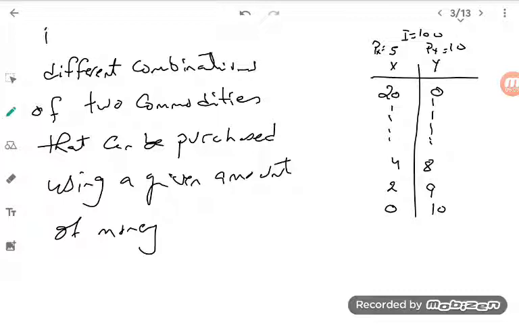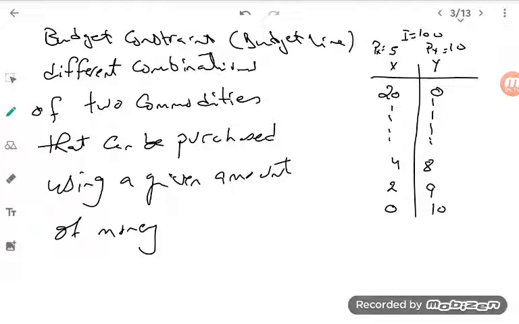This is the budget constraint, also known as the budget line. If you would like to draw the budget line graphically, we can draw the graph as follows.